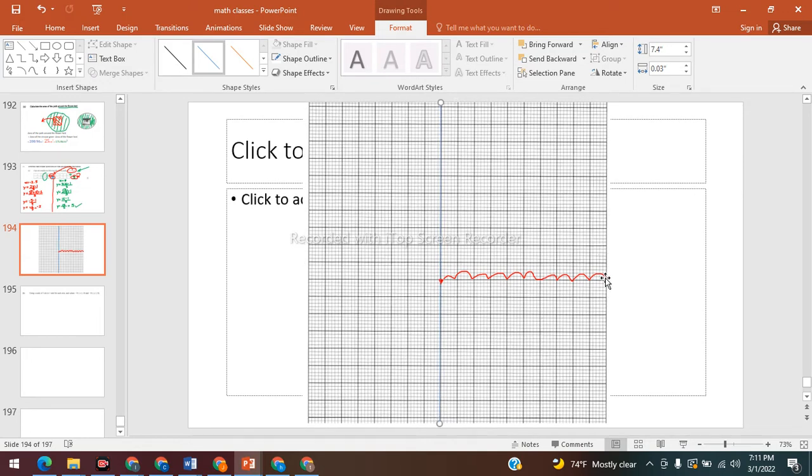I started here, at the end. How many blocks do you count down to get there? 1, 2, 3, 4, 5, 6, 7, 8, 9, and 10. I got it. It's 10 blocks to get there.